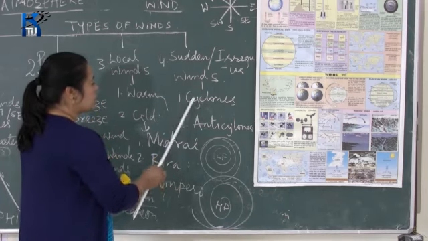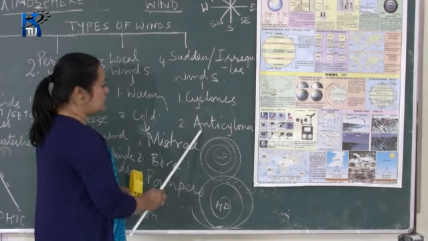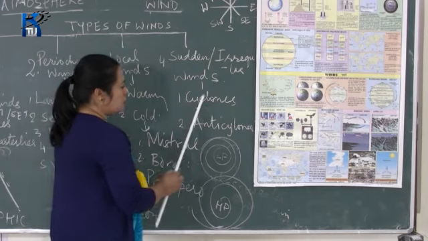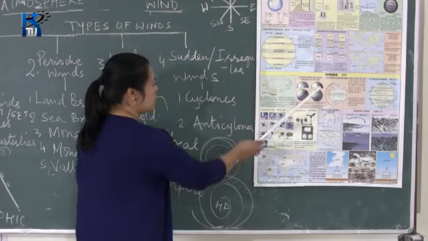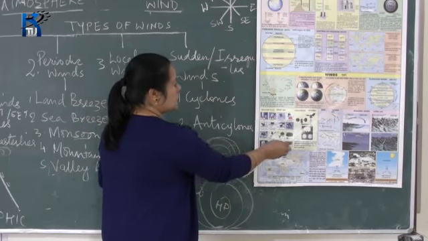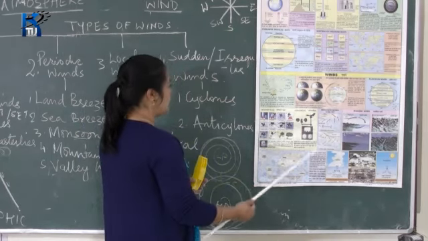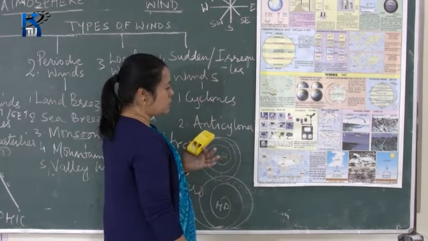And there is a difference between cyclones and anticyclones. Because of the Coriolis force, wind deflects towards the right in the northern hemisphere and towards the left in the southern hemisphere.